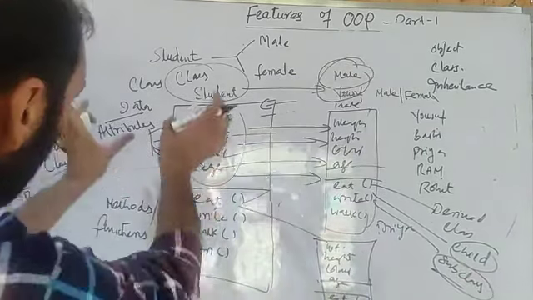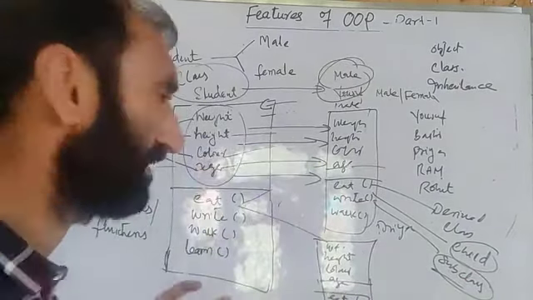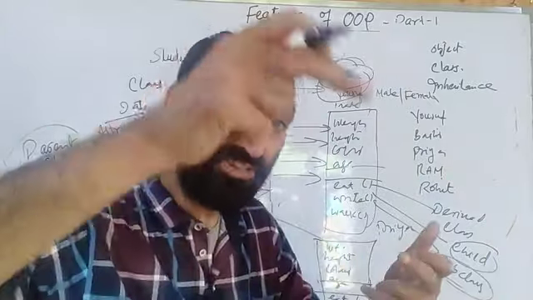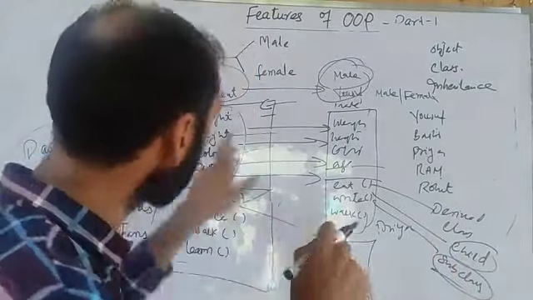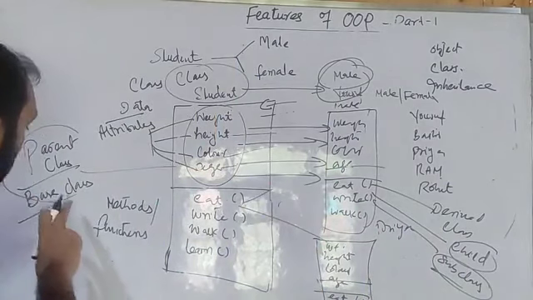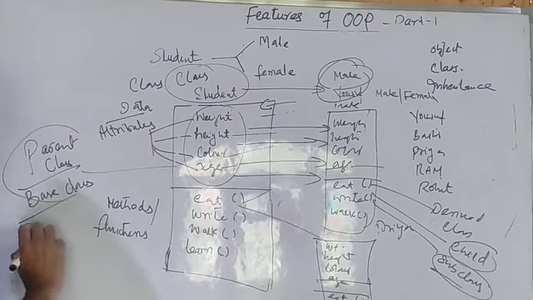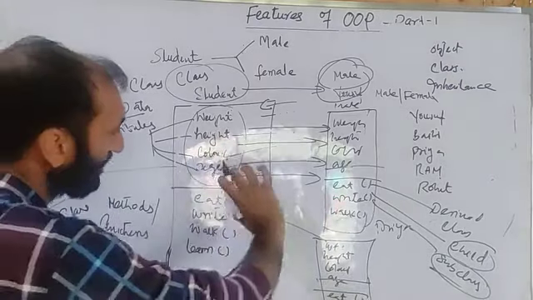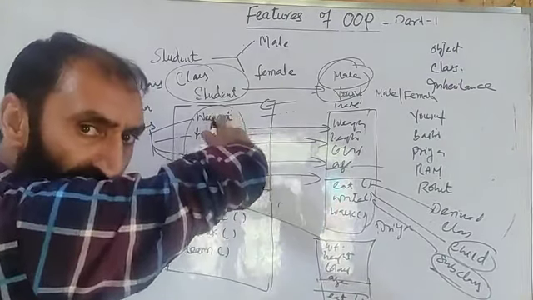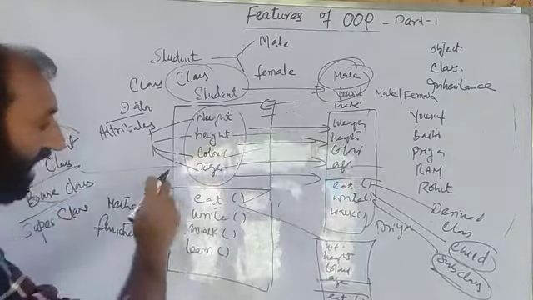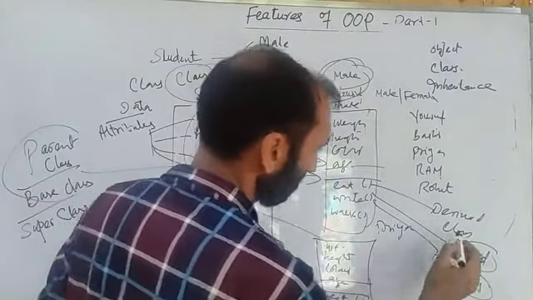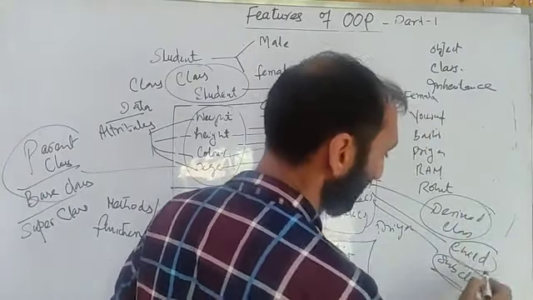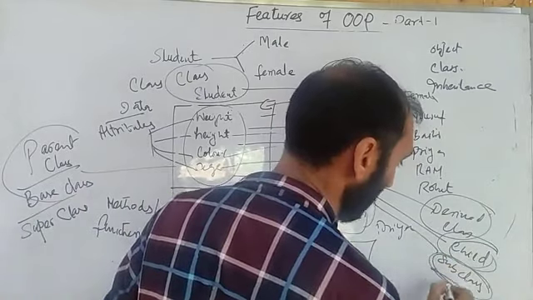So what is inheritance? Inheritance is the process of deriving a new class from the existing class, and the class from which the new class is derived is called a parent class, base class, or superclass. And the class which is derived from this parent class or base class is called a derived class, child class, or subclass.